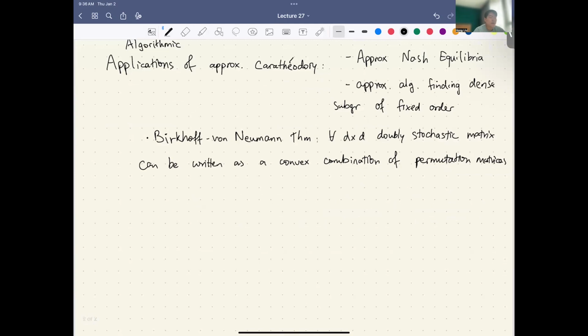Then we can also have an approximate version, approximating epsilon close entry-wise, meaning in the infinity norm.